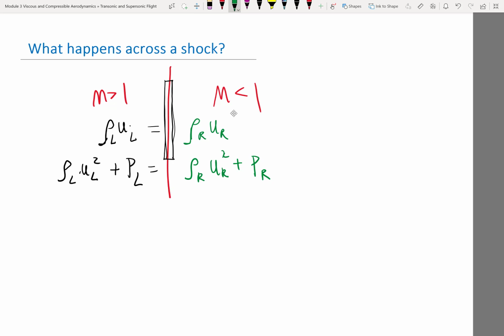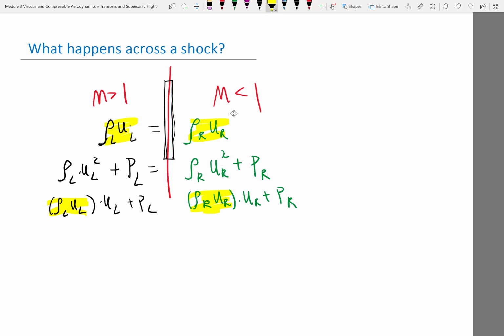Now, the analysis is interesting because I can write this rho L UL squared as rho L UL times another UL. And I can write rho R UR squared as rho R UR times another UR. And this parenthesis, just by conservation of mass, is equal to that parenthesis. Okay?